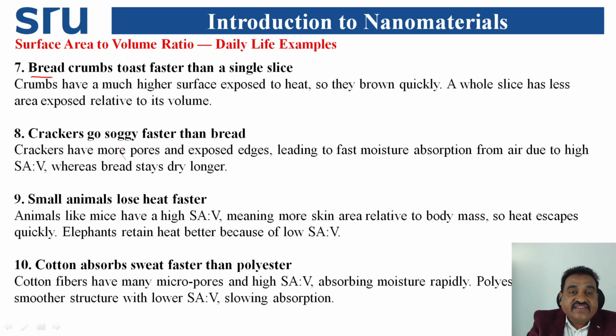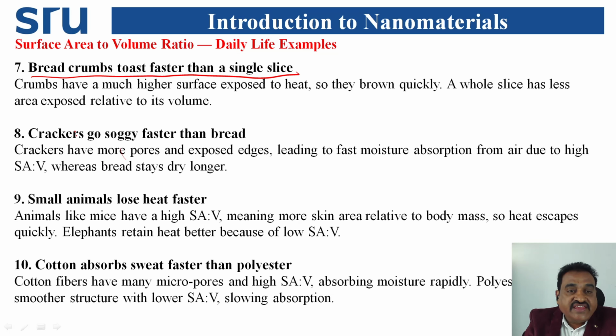Another one you can see here, breadcrumbs toast faster than a single slice. Crumbs have a much higher surface exposed to heat, so they brown quickly. A whole slice has less area exposed relative to its volume.